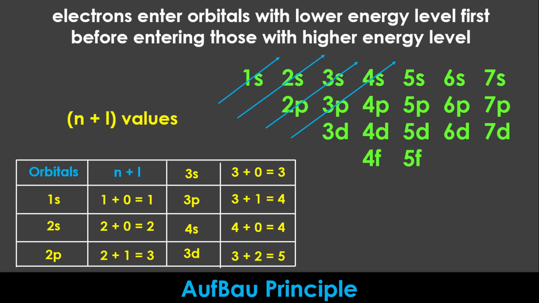The d and f orbitals are known as inner shell orbitals. So after filling the 3d orbitals, electron moves to the 4p, 5s, 4d, 5p, 6s orbitals, and so on, as displayed on the screen.